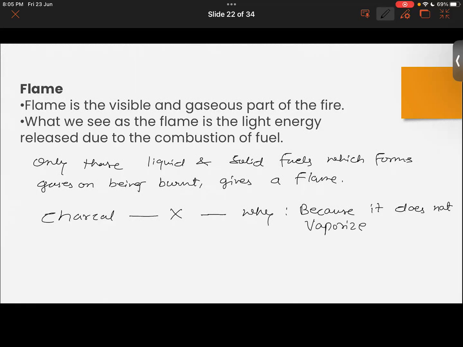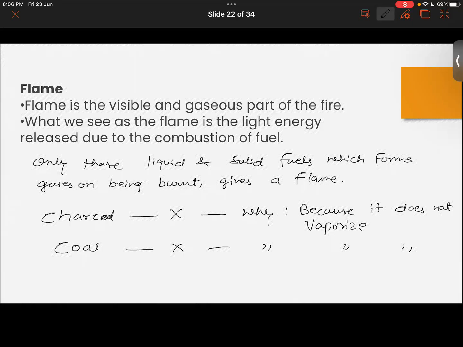Now what about coal? It also does not give flame. Coal will just glow red on combustion. Now, whenever you burn any type of fuel, the type of flame produced depends on the amount of oxygen available to the fuel.